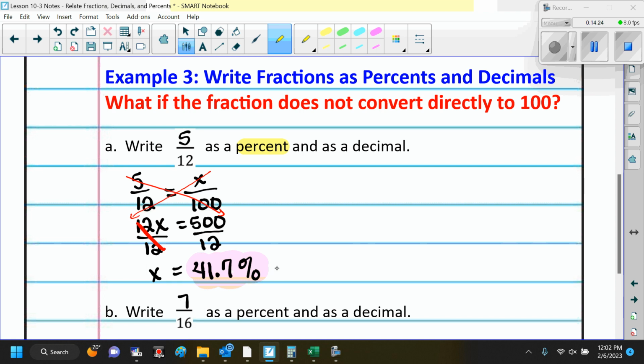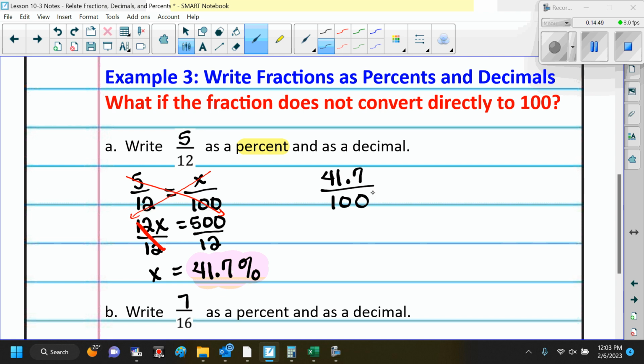Now, we want to change 41.7% to a decimal. Well, what fraction am I going to read? Let's see. Percent means what? Per 100, right? So I'm going to write it 41.7 per 100.